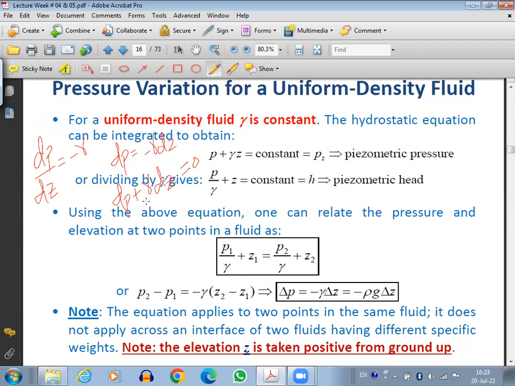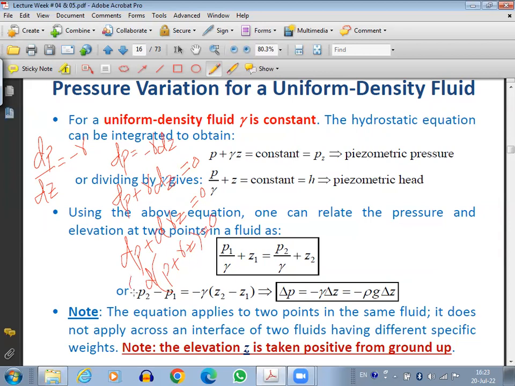If gamma, which is basically rho g, is independent of elevation, a fixed quantity, and if the density is also not varying, it's also constant, then I can put this gamma inside the differential. Okay, so we can write dP plus d(gamma z) equals 0, or I can take this common, so differential of (P plus gamma z) equals 0.